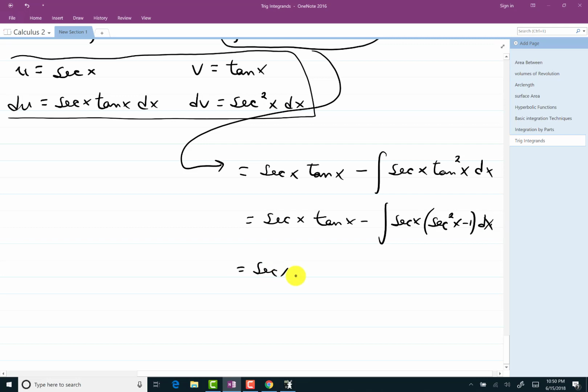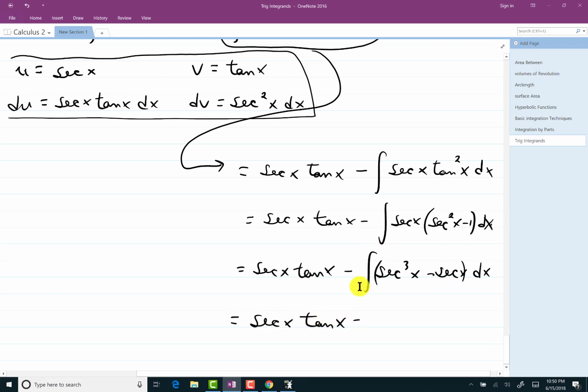Secant of x tangent of x minus, I'll multiply the secant through and get secant cubed x minus secant of x dx. Well, this is very nice because then I'll get secant of x tangent of x.